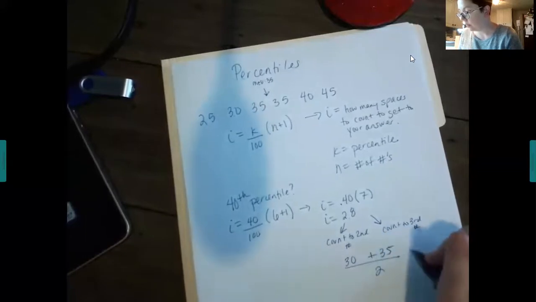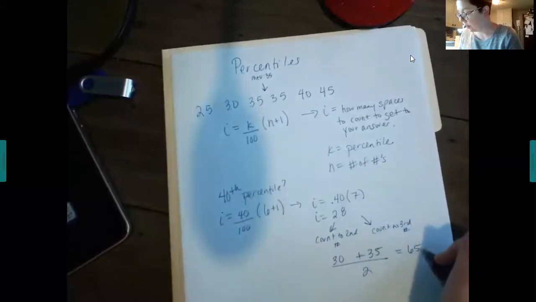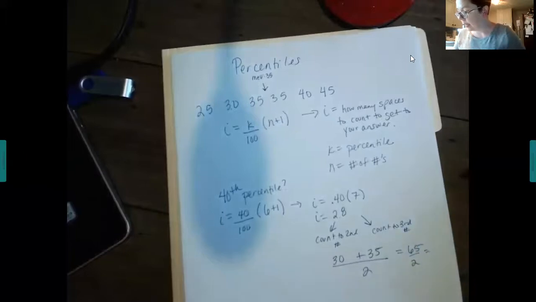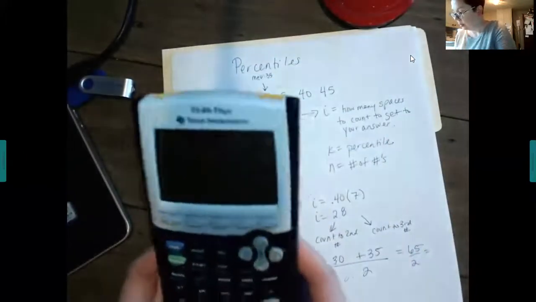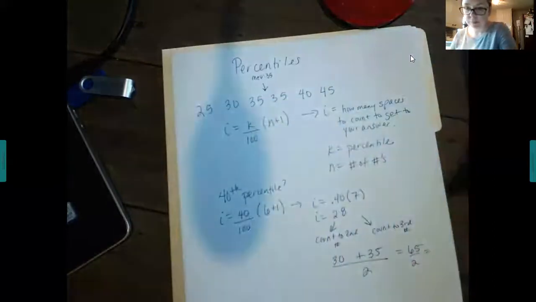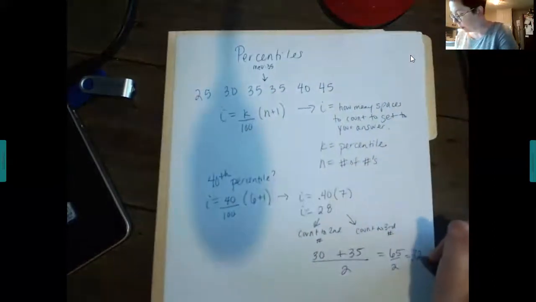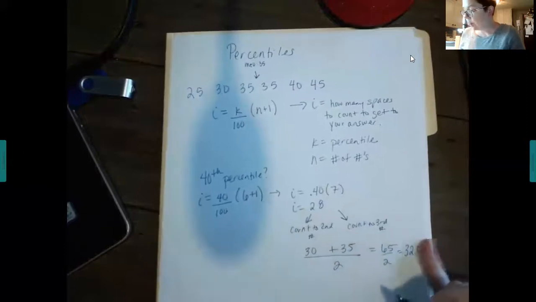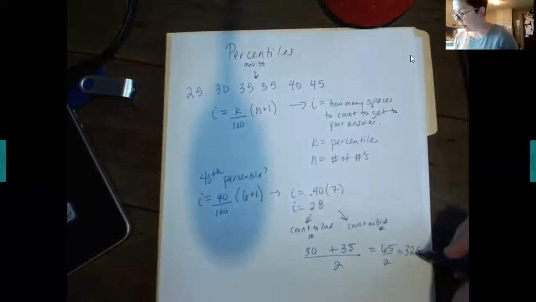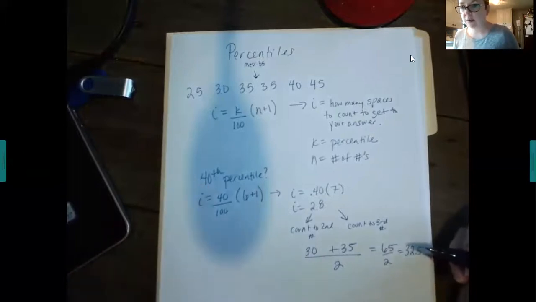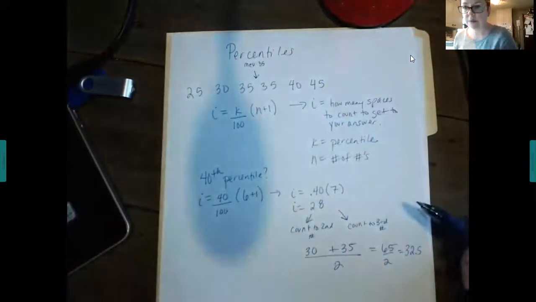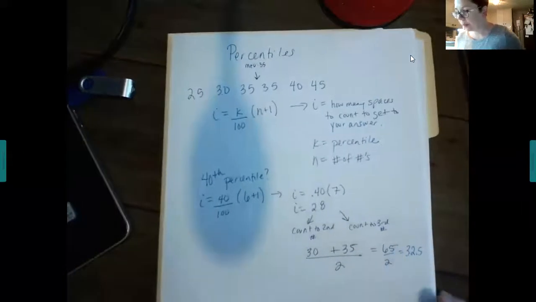So we add those, divide by 2, 65 divided by 2, and I believe that should be 32.5. Okay. So 32.5 is a number that would correlate to the 40th percentile. So it's okay to get a number that's not listed there. That happens a lot.